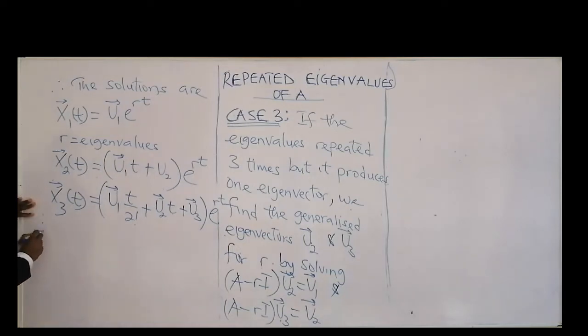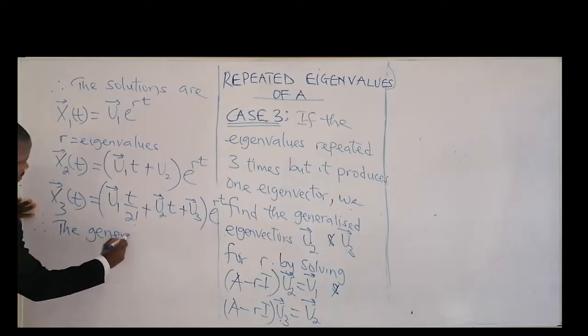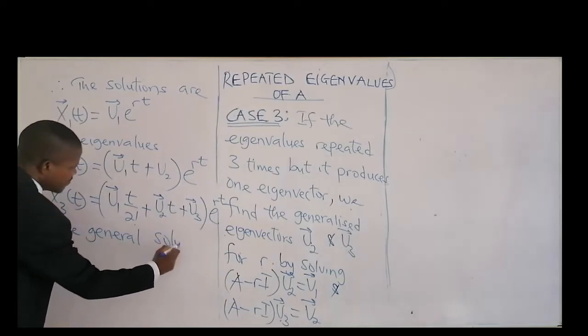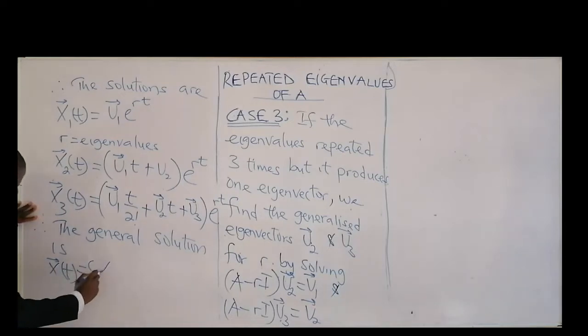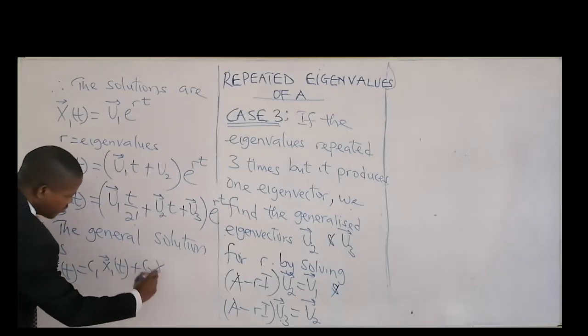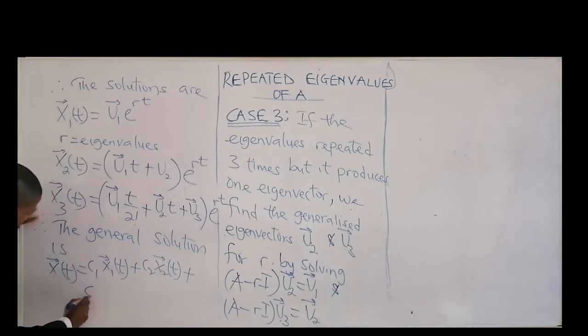Then the next thing is the general solution, which is equal to C1 times x1 plus C2 times x2 plus C3 times x3 as a function of t.